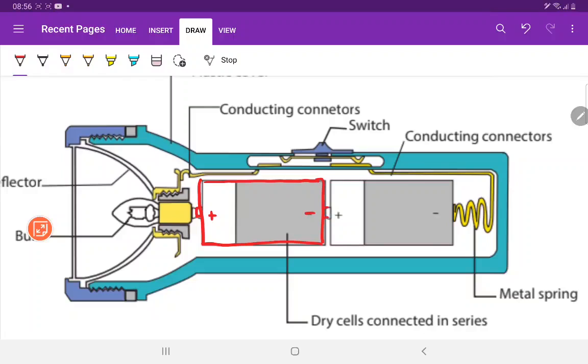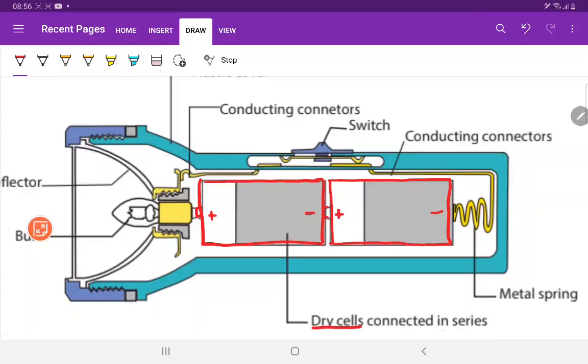So the negative terminal of one dry cell is connected with the positive terminal of the other dry cell. In which method are the dry cells connected now? In series. The positive terminal is connected with the previous one's negative terminal. So this is the series cell system.